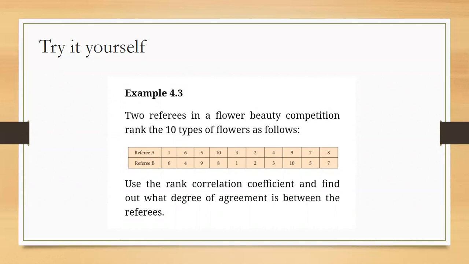You just rank the numbers given to you in order, from highest to lowest, then find the difference between them and square it, and substitute the same into the formula. Here also I know the answer to the question. Once you are done with it, with the interpretation also, I want you to message me the response.